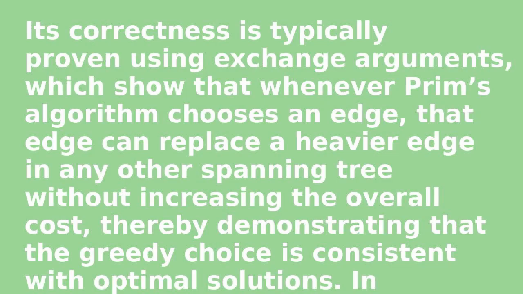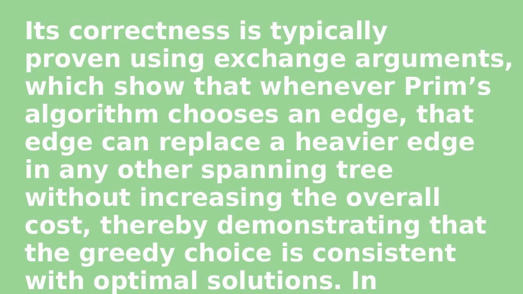Its correctness is typically proven using exchange arguments, which show that whenever Prim's algorithm chooses an edge, that edge can replace a heavier edge in any other spanning tree without increasing the overall cost, thereby demonstrating that the greedy choice is consistent with optimal solutions.